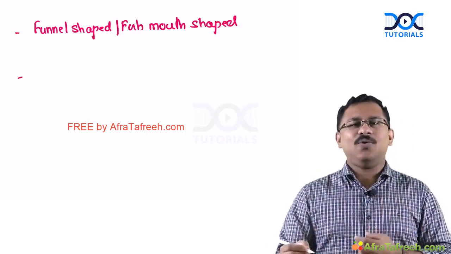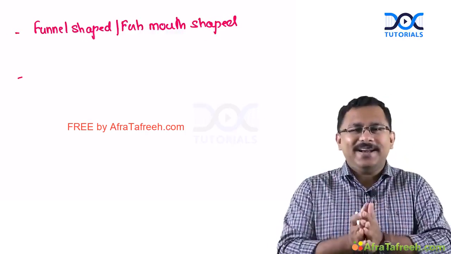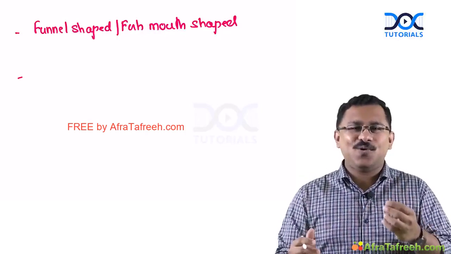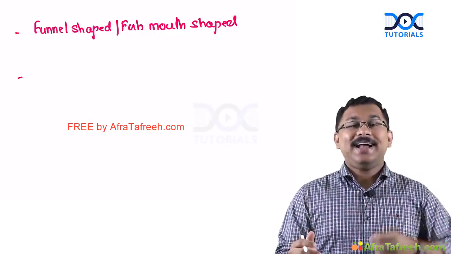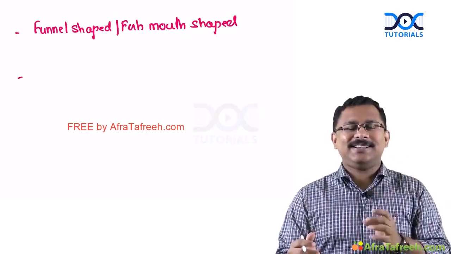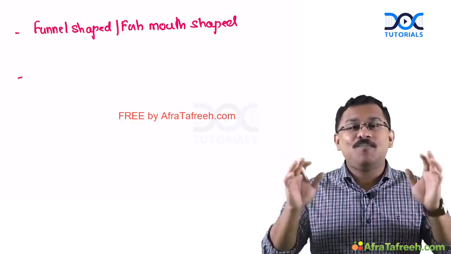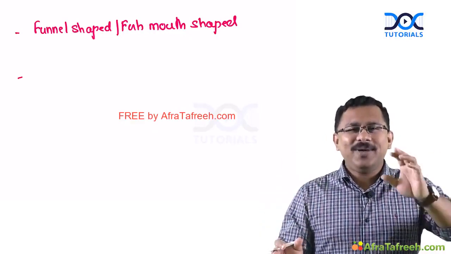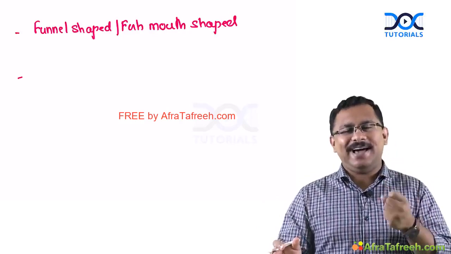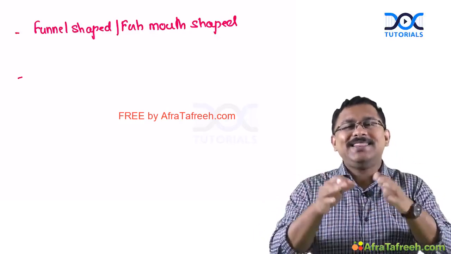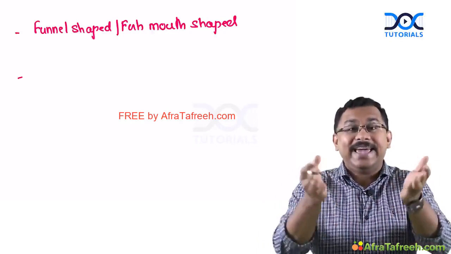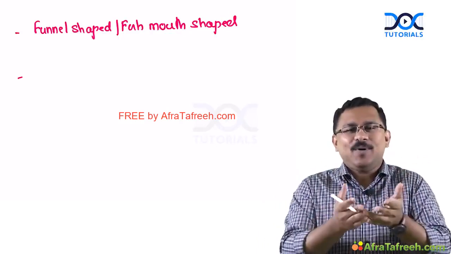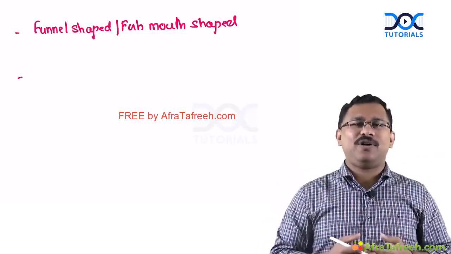Also the stenotic mitral valve can undergo calcification, and whenever there is calcification, what will happen to the mobility of the valve? There will be an immobilization of the valve, and this will again narrow the orifice.